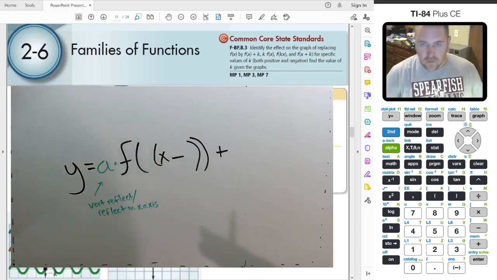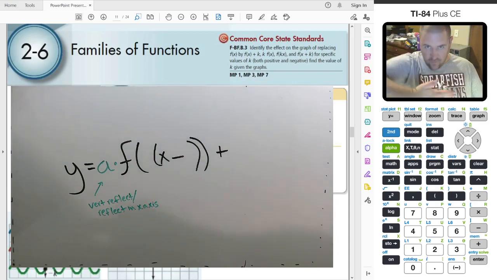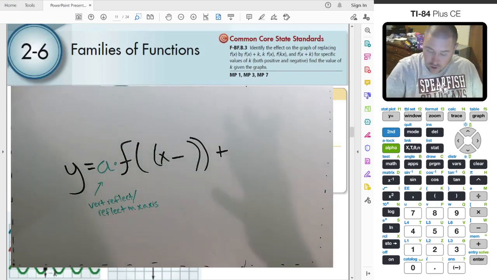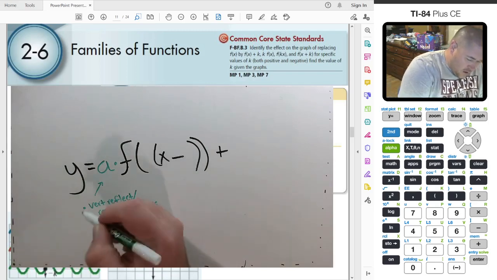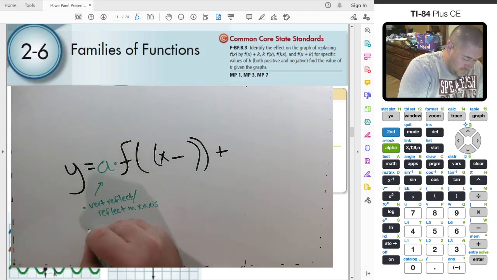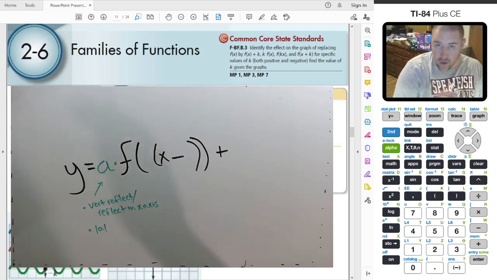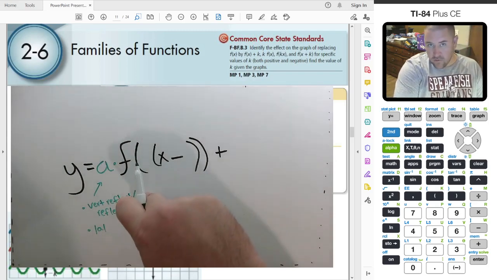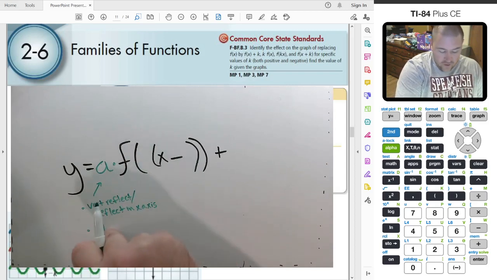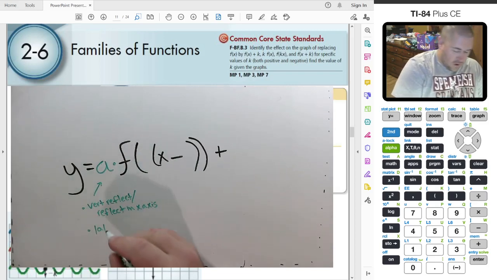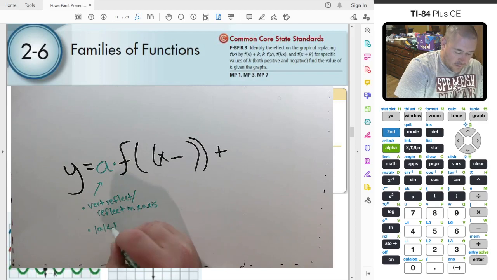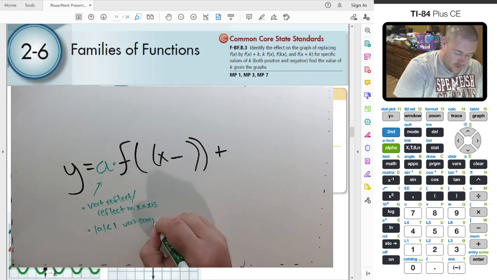That's when you take something and literally flop it over the x-axis, a reflection. A is kind of multi-purpose. I should say the absolute value of A, because whether it's positive or negative, that's a reflection. The value of it, if it's less than 1, it's a vertical compression.